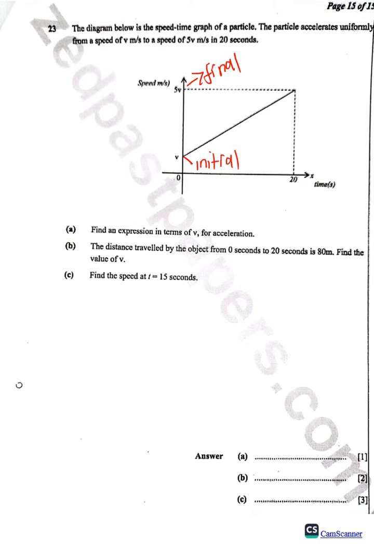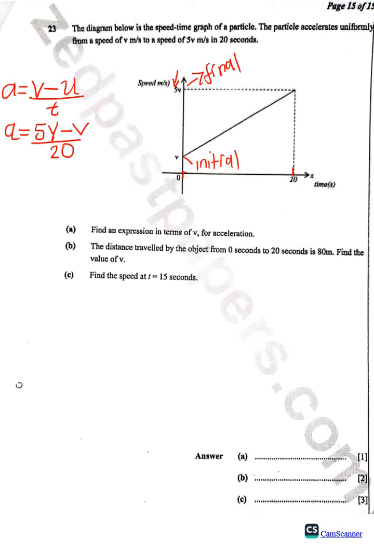So the first question is, find an expression in terms of v for the acceleration. So let's write the formula for the acceleration. Acceleration is equal to final velocity minus initial, divided by t. So acceleration is equal to final velocity, here 5v, minus initial, which is just v, over the time from this point up to here, which is 20.